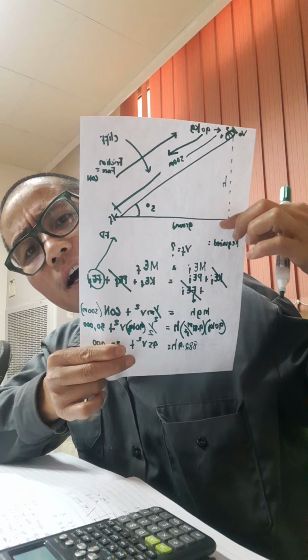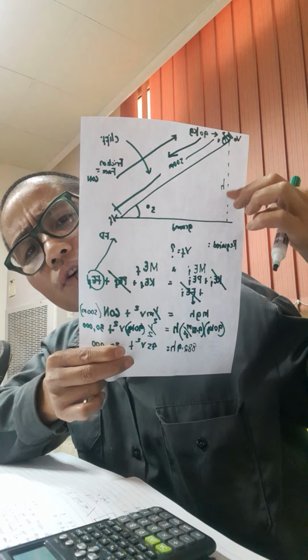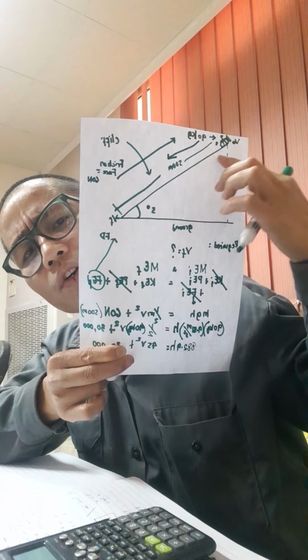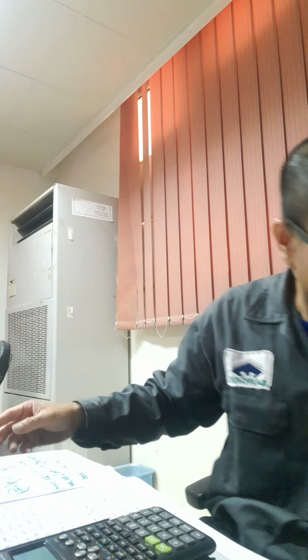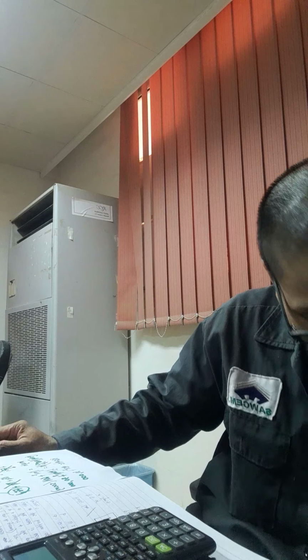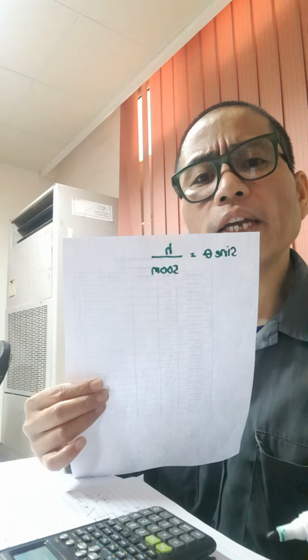Sine theta is equal to h over the hypotenuse, which is the distance covered by the cyclist going down, 500 meter.